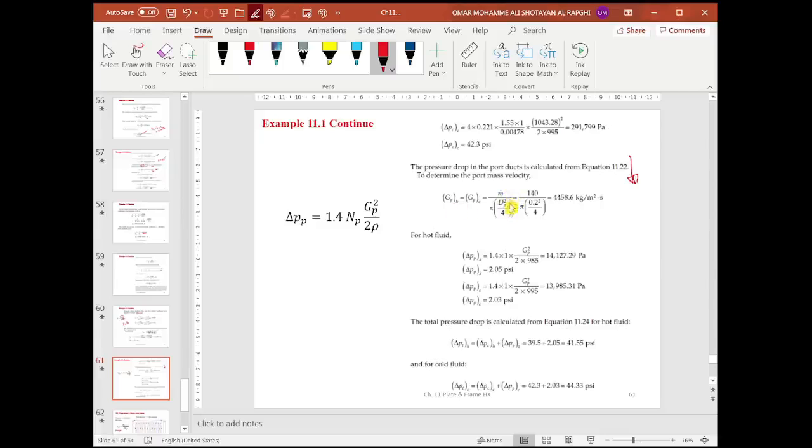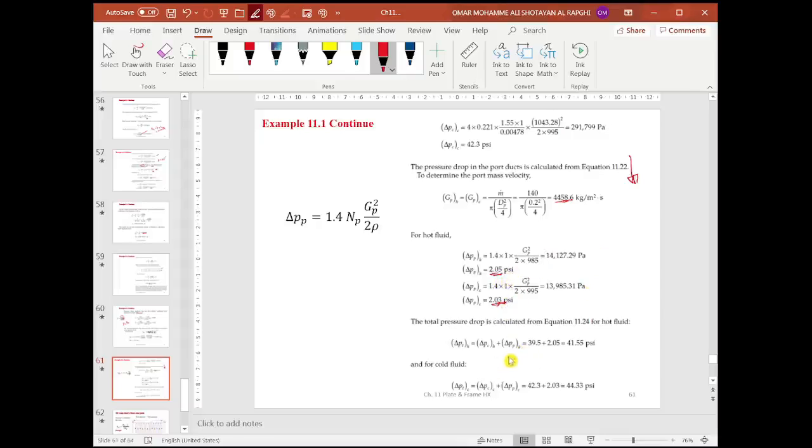You divide the mass flow rate by the cross-section area of the port. You get this value, which is totally different than GC, which is the mass flux for the channel. And then you substitute in this expression to find the pressure drop for the port, for the hot side and for the cold side. Convert it into PSI, so you get this value and this value.